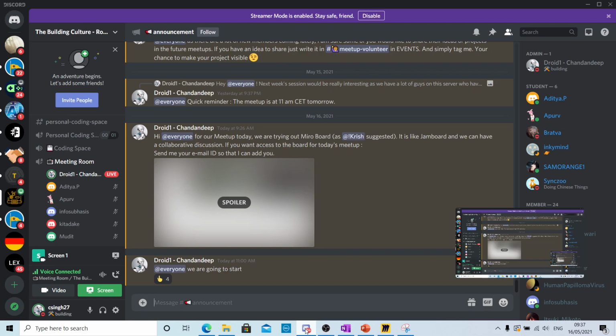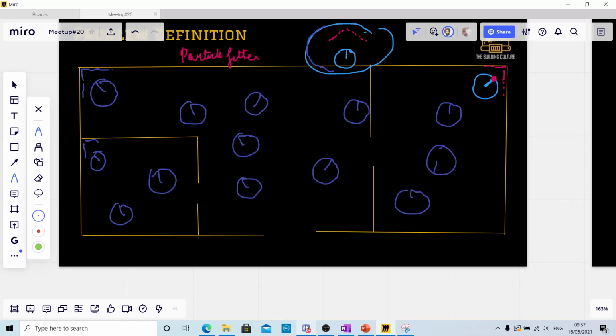Feel free to stop me here if something is unclear, or you want to add something. So it's clear till now, to repeat, that the robot is trying to know its location, and it doesn't know. All it knows is that there is this lidar reading that it has, and it knows the map somehow.